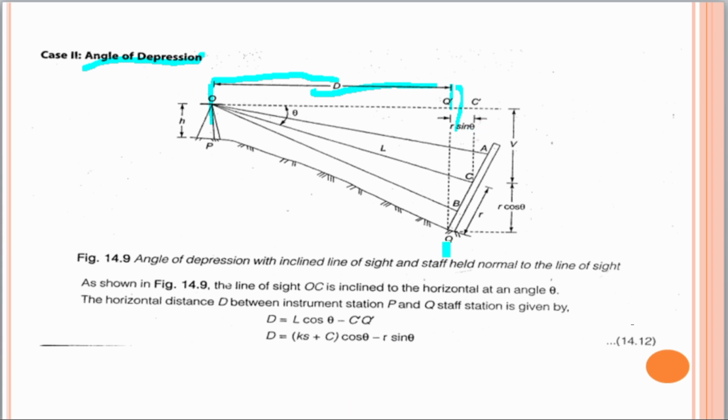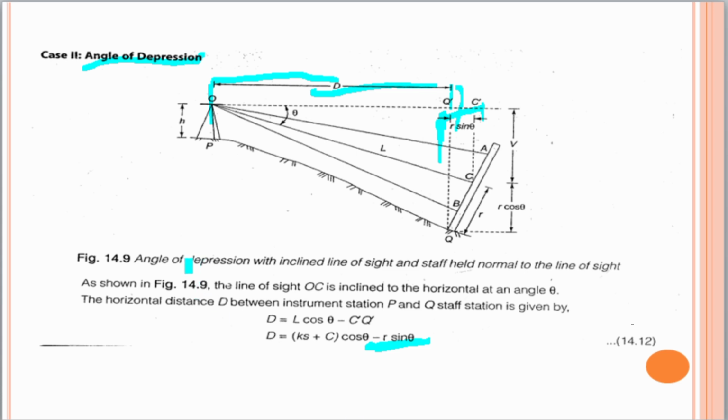So in order for us to get the horizontal distance that was used there, we subtract R sine theta. So remember, these are the formulas that we are using. So that extra distance there is what we are subtracting from the information that we have.